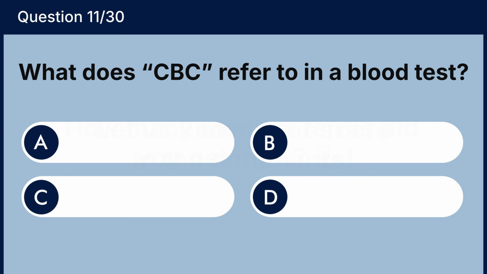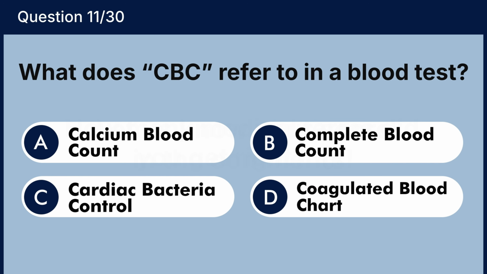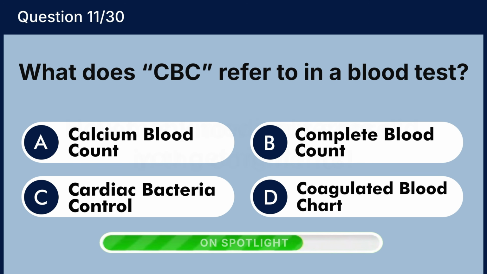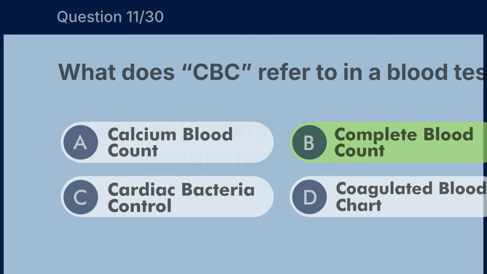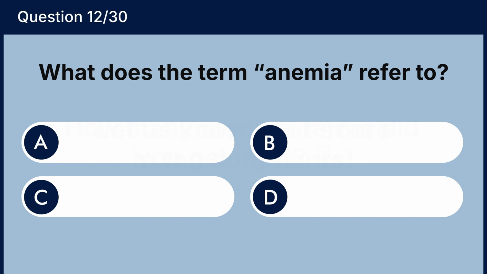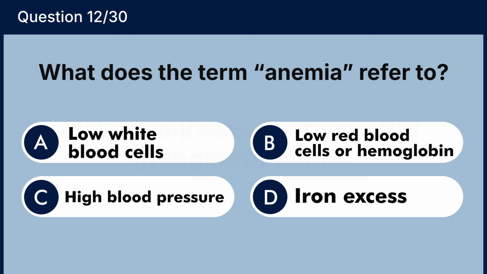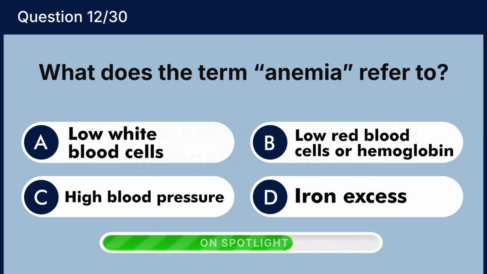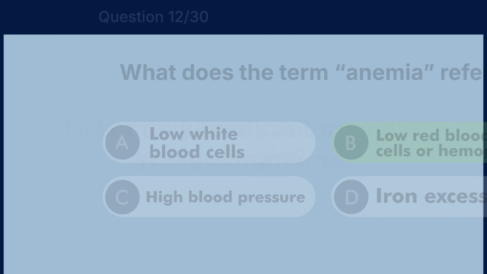What does CBC refer to in a blood test? Complete blood count. What does the term anemia refer to? Low red blood cells, or hemoglobin.